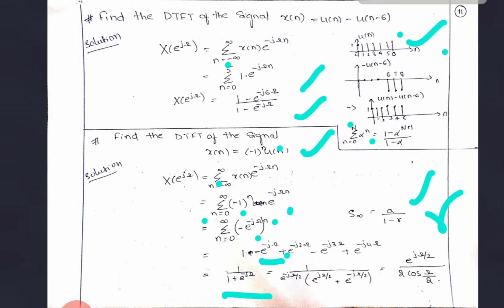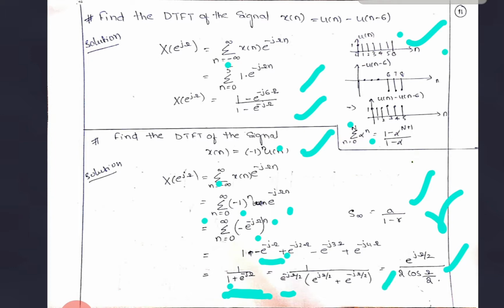From these two terms, e raised to minus j omega by 2, if you take common, here we are trying to do this. You can leave your problem here also, or you can solve this one further, trying to get it in the standard form, or you can leave your answer here. E raised to minus j omega by 2, then you here you don't have a term, therefore you are taking common, and e raised to minus j omega n, or you are dividing and multiplying by e raised to minus j omega n.